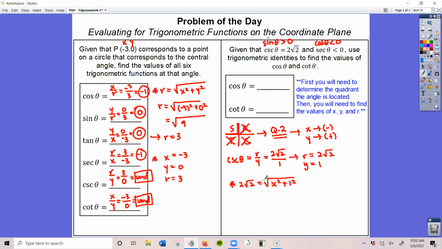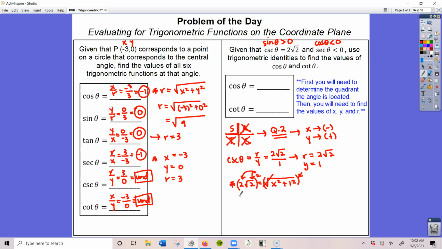So now we need to cancel out this square root. So I'm going to square this side to get rid of the square root, meaning I would have to square this side as well. So this cancels out. And then here I have 2 square root of 2 squared. So remember that we have to take that exponent and apply it to both the number outside and the number inside.